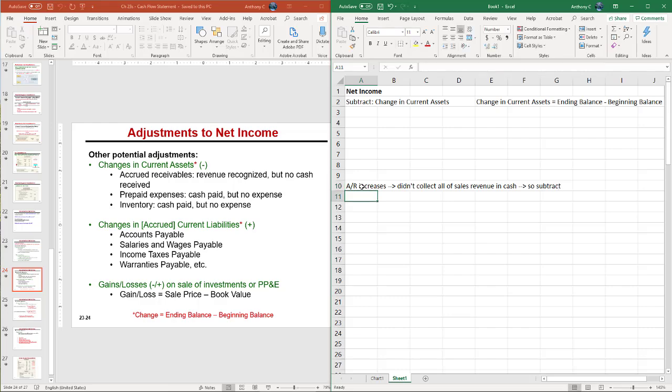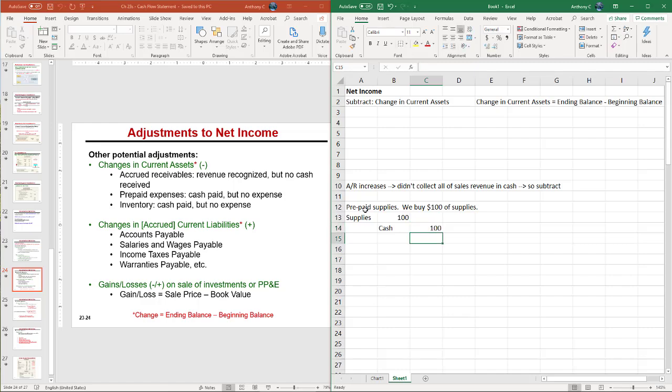All right, for prepaid expenses, if we think about the accounting for these, let's just use an example real quick. Let's say we have prepaid supplies, so we buy $100 of supplies. When this occurs, we would debit supplies for $100 and we credit cash.